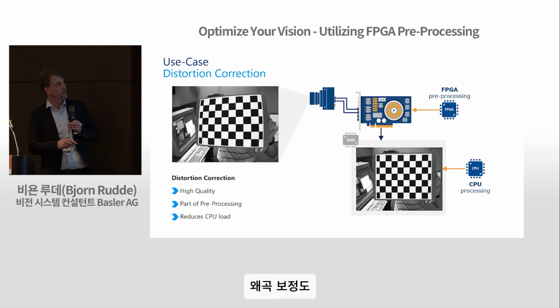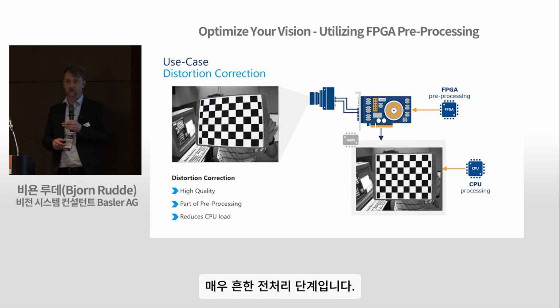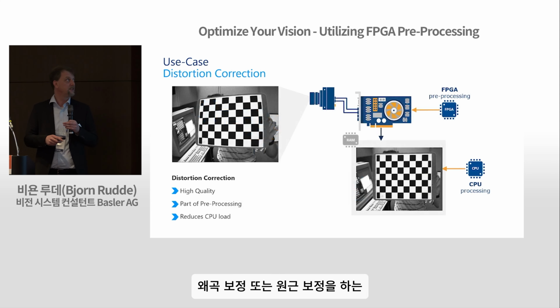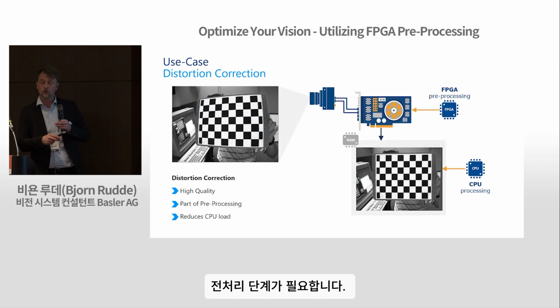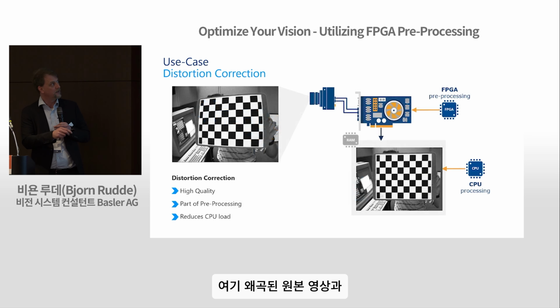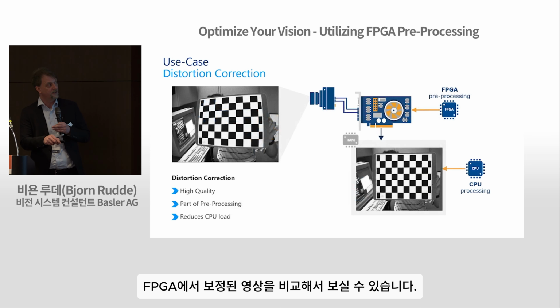The next use case is very common. It's distortion correction. Distortion correction is normally one of the pre-processing steps in a system. Later on I will also show some details on a demo we have on this at the booth. You see here the distorted image. This is the corrected one.